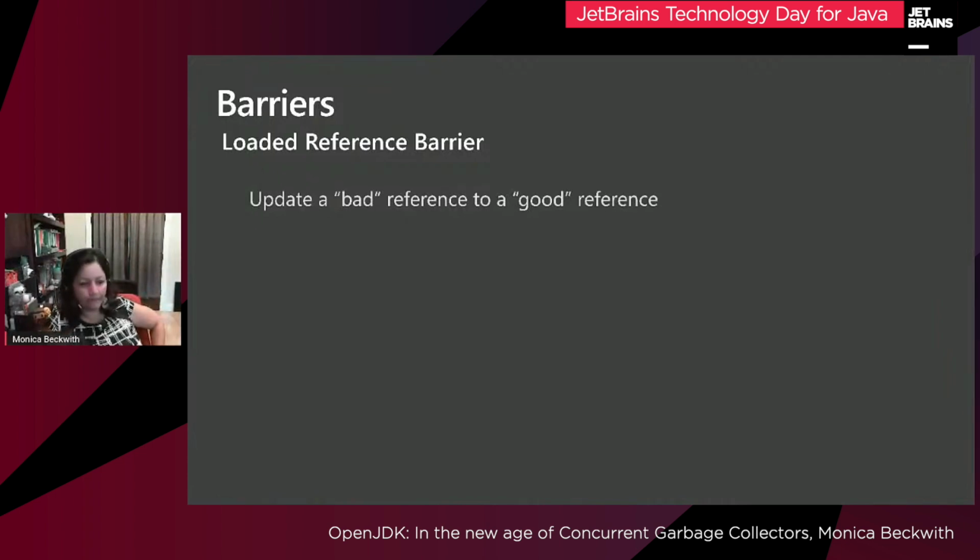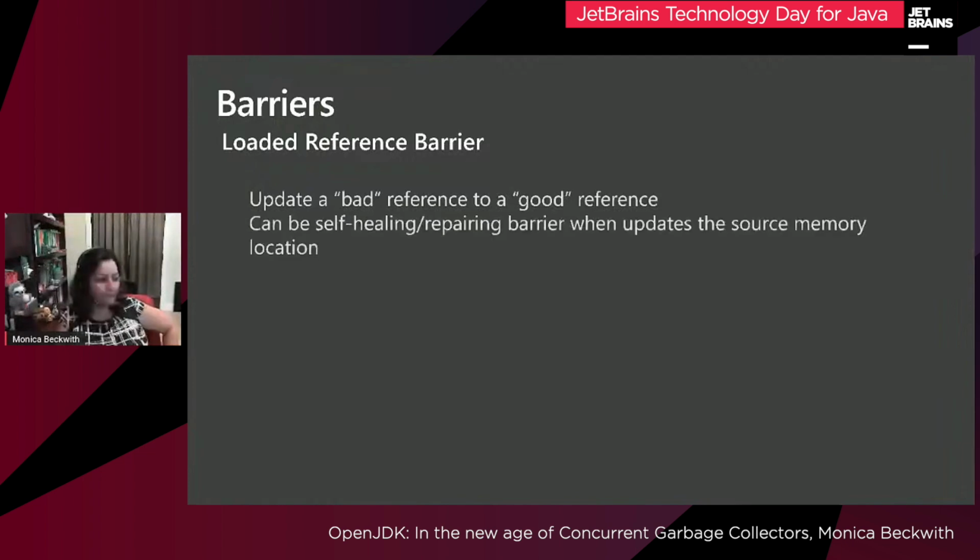Who does the work doesn't really matter. You can have the mutators do the work of updating a bad reference to a good reference, or the GC threads will do the work. That's the concept of self-healing: when the mutators actually do the work, that's called self-healing.